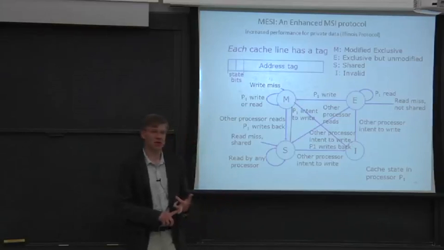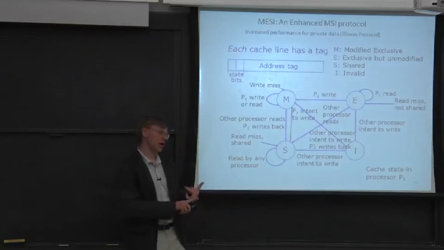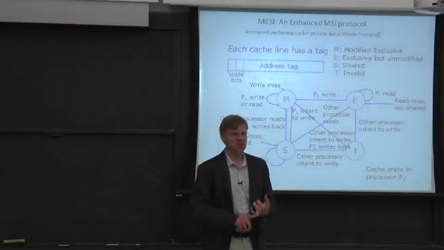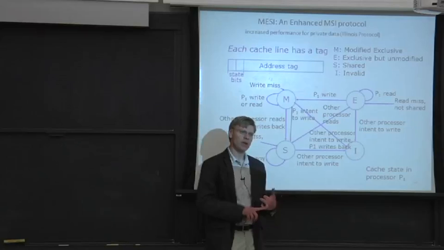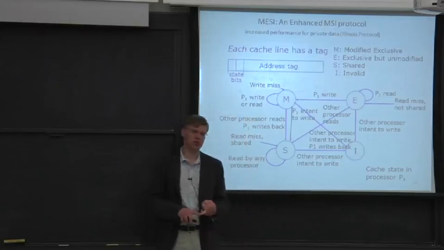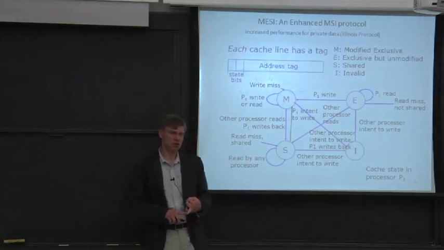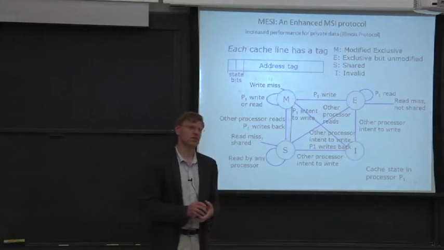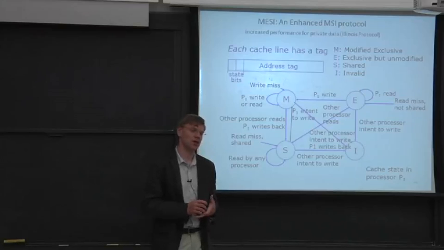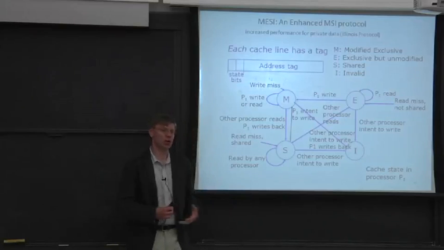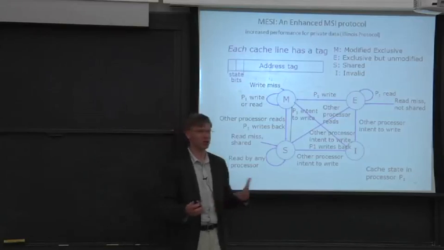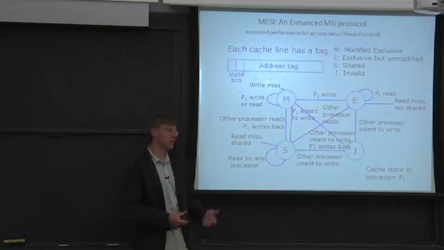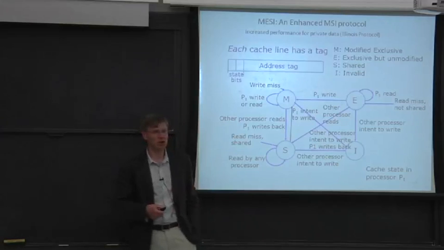Examples sometimes include coherent I/O devices. This isn't very popular right now, but I think it will become much more popular as soon as we start to have GPUs, or general purpose GPUs, sitting very close to our processor on the same bus, wanting to take part in the coherence traffic of the processor. It's going to want to read and write to the same memory addresses that the processor is reading and writing, and take part in the cache coherence protocol.